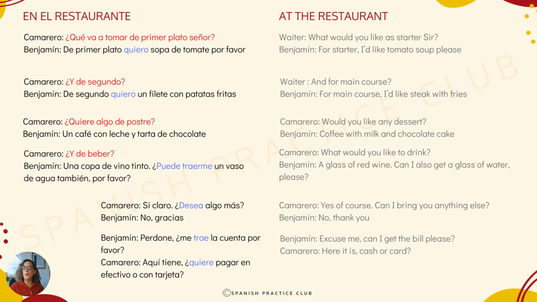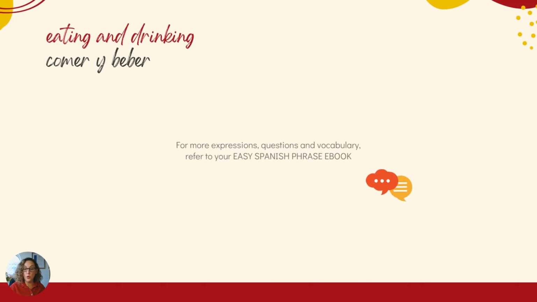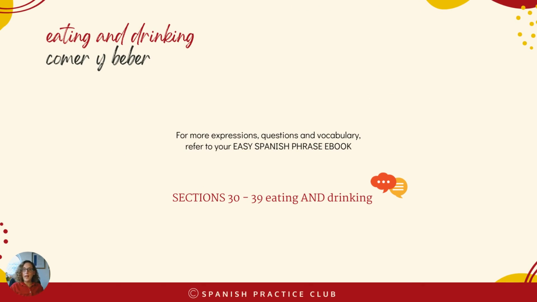So this is a sample of a dialogue that can go between a waiter and a client. It is very, very basic, very effective, and this is all you need to get started with to have that conversation with a waiter or a waitress in Spain to have your meal served. So let's move on to what other vocabulary, questions, and expressions you can use with the material that is included in this course.